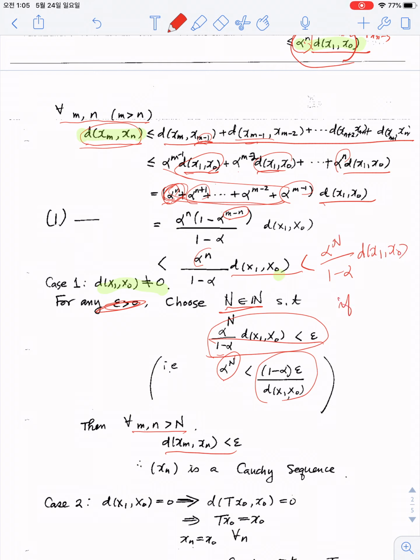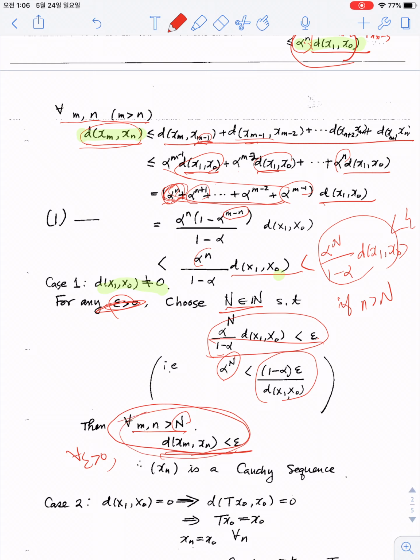So this is less than epsilon, and then we have proved that for every epsilon there exists N such that this one holds, which means the sequence xn is a Cauchy sequence. Okay, xn is a Cauchy sequence. So we proved it is a Cauchy sequence.